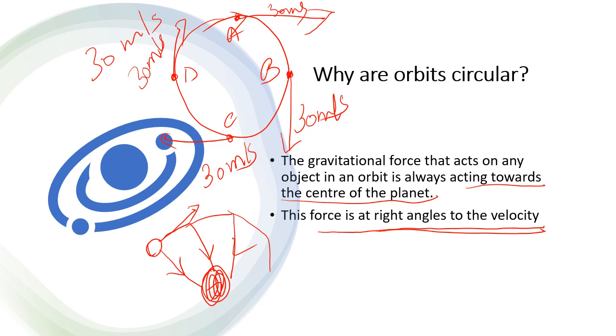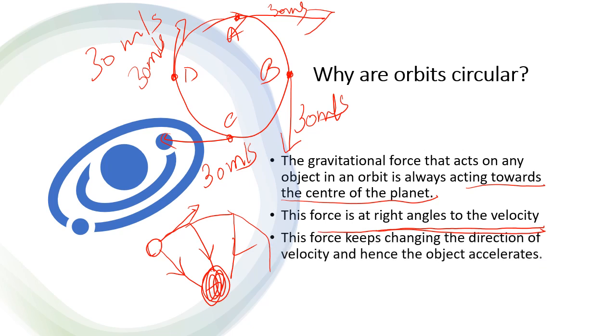I've shown you the tangents at A, B, C, and D. You can see that everywhere the direction is different, isn't it? Whenever the direction is different, even though the speed is the same, what changes? The velocity changes. Why is the velocity changing? Because the direction is changing. And if velocity changes, the object accelerates.